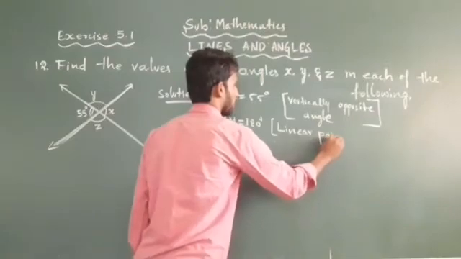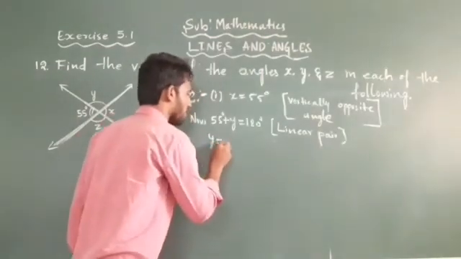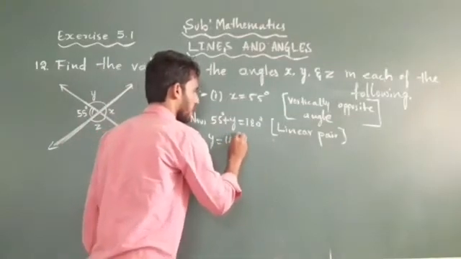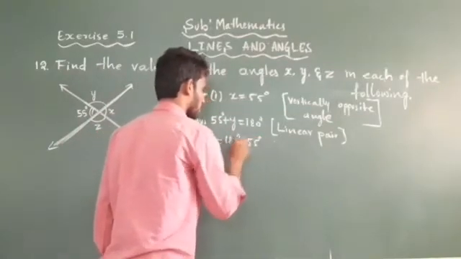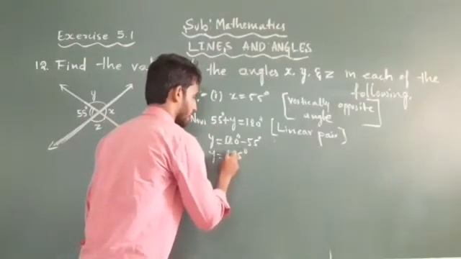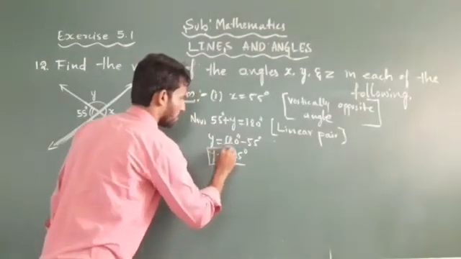When we shift 55 from LHS to RHS it becomes negative. When we subtract, 125 degrees is the y value.